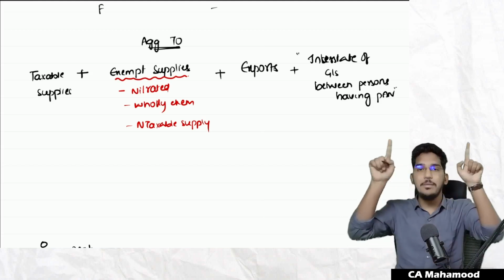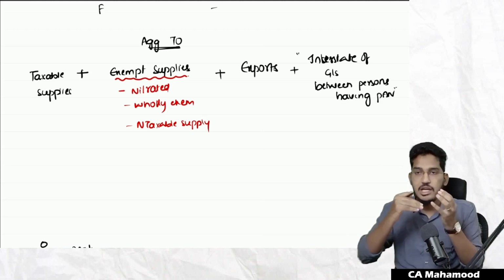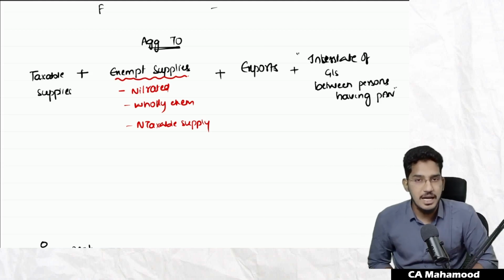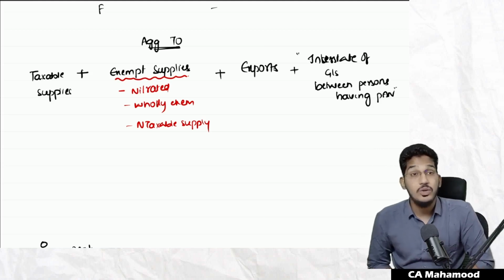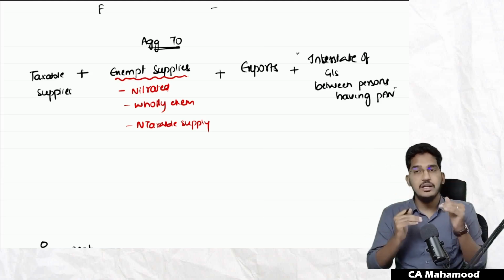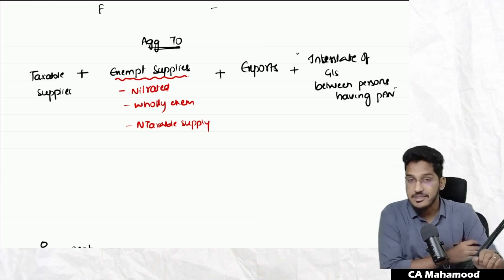If on an all India basis, putting together all the states' turnover, it has exceeded the threshold limit of 20 lakh rupees, then you are required to take registration in each state or union territory from wherever you are making a taxable supply.